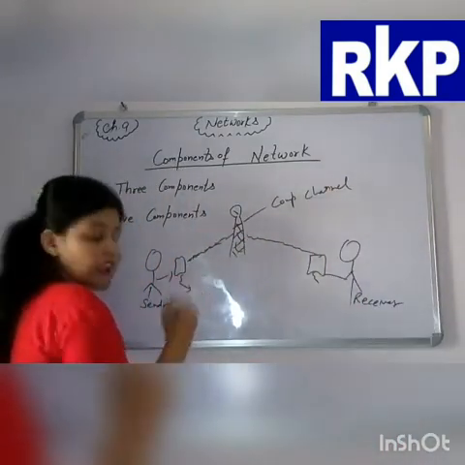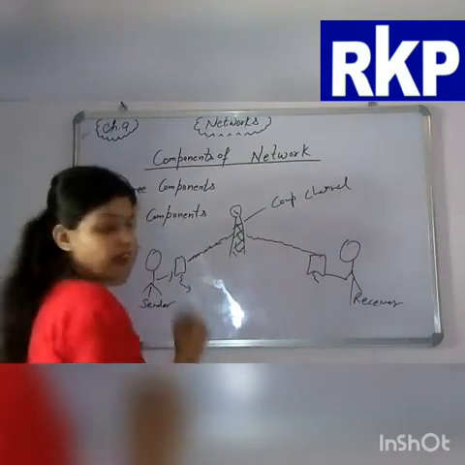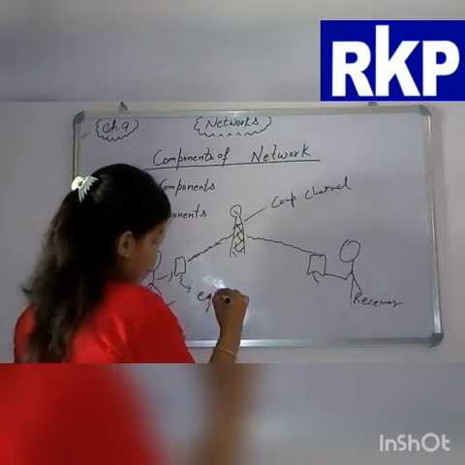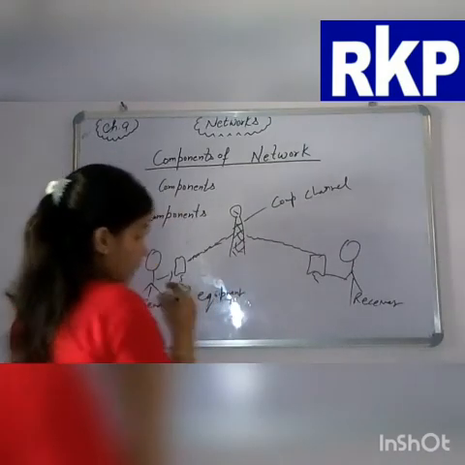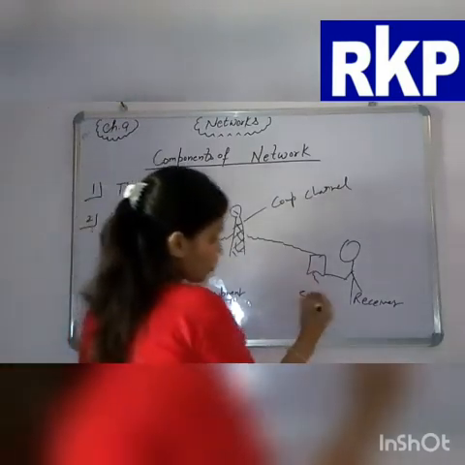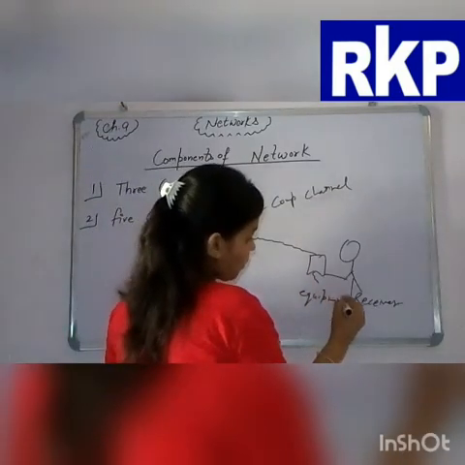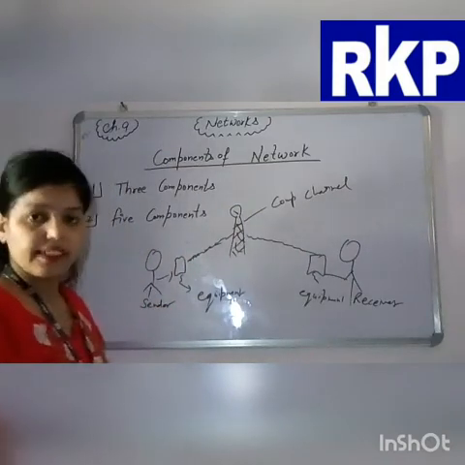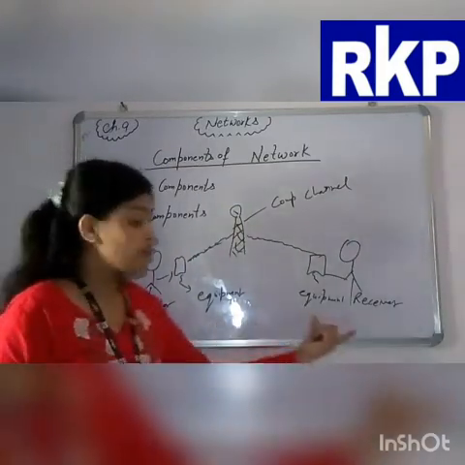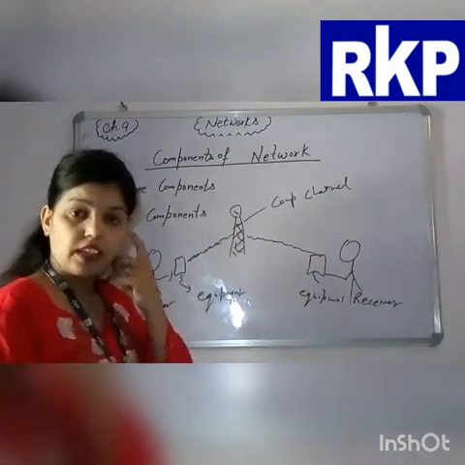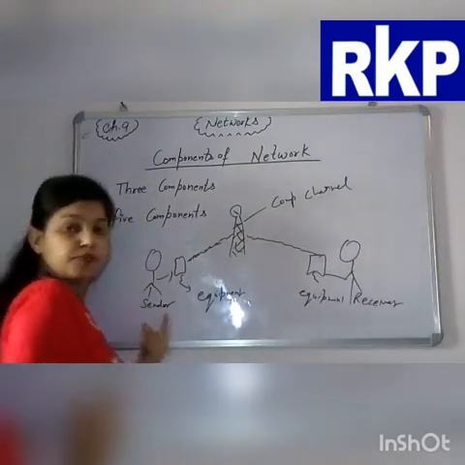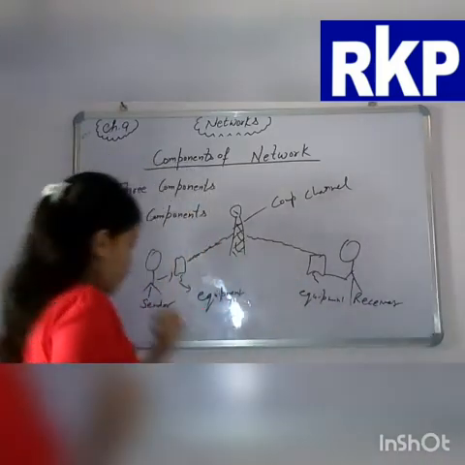Here you are using one device, a mobile phone, equipment. What are you using? Equipment. Your friend is also using what? Equipment. Clear? So this is a 5 component network. How? 1. Sender is here, receiver is here. 2.